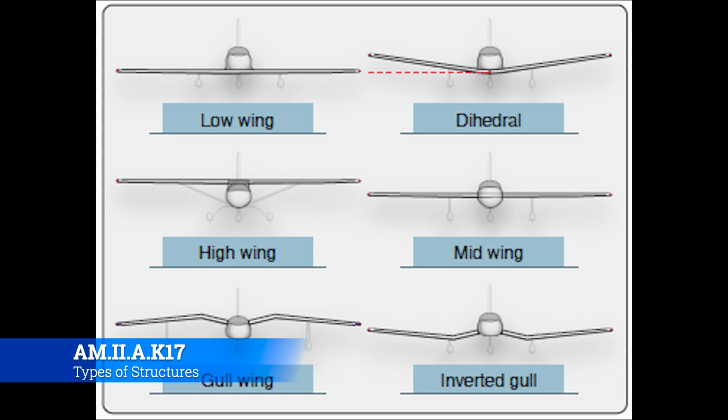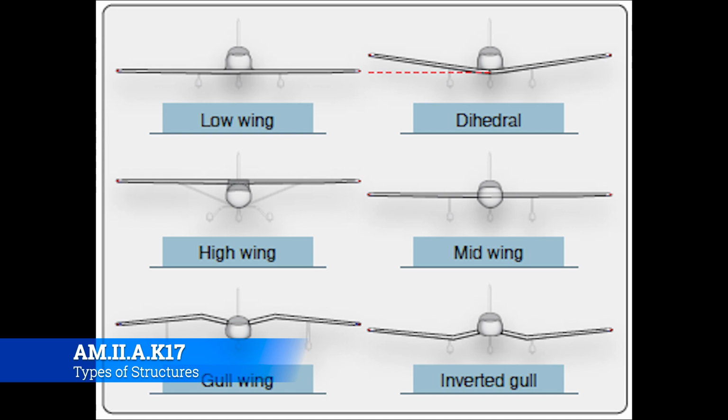It allows the aircraft to fly better, more efficiently, and other things that are beyond what we're here to talk about, so we won't get too far into it. But just know that dihedral is not necessarily a type of wing as much as it is an attribute of wings.